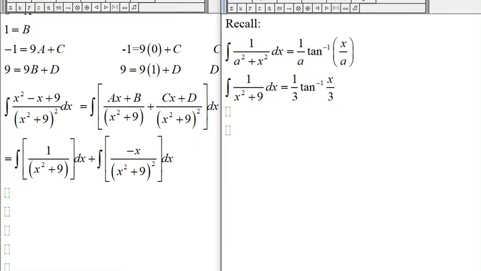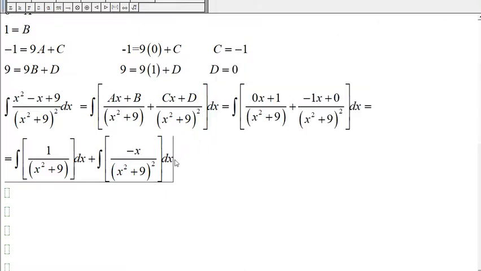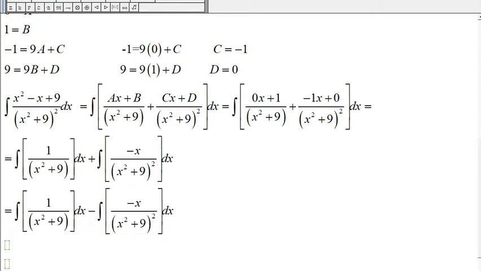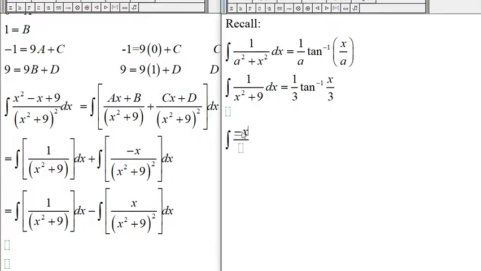And then the other integral, we have negative x. Let's go ahead and move the negative outside, so it makes it easier. And so the second integral is x over x squared plus 9, and then squared.